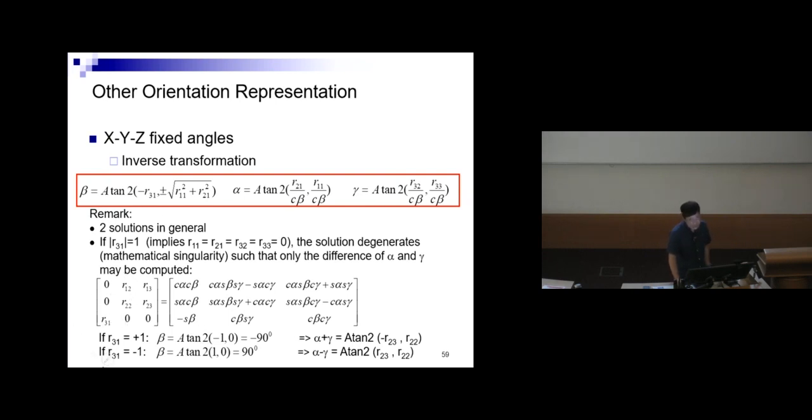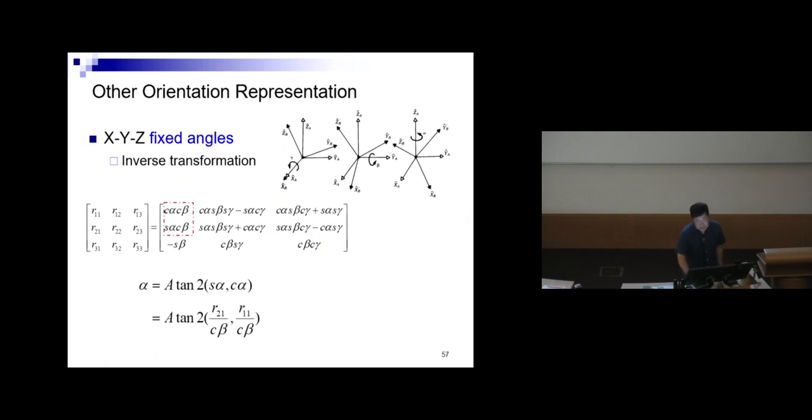If you equate them together, if your R31 is equal to plus 1, your beta will be equal to minus 90 degrees. If your R31 is equal to minus 1, your beta will be 90 degrees. So beta is the angle of rotation along the y-axis.